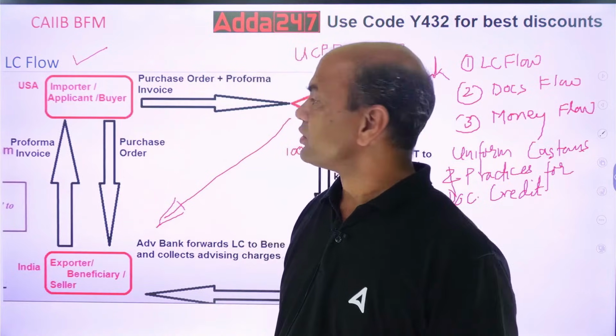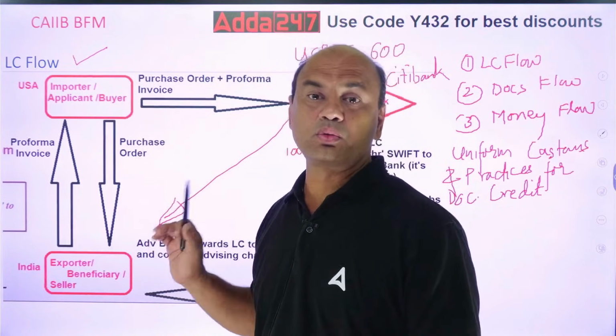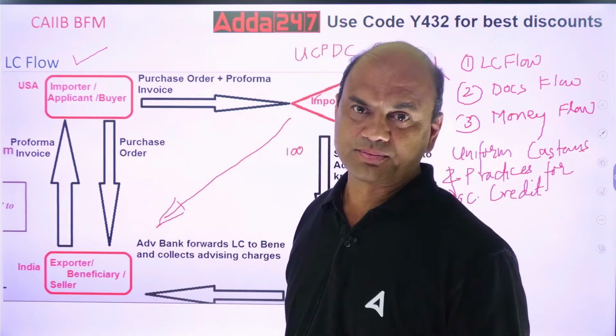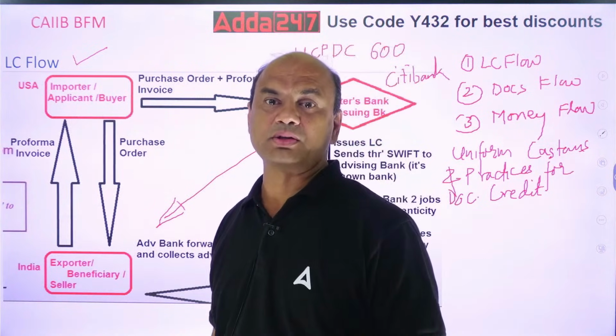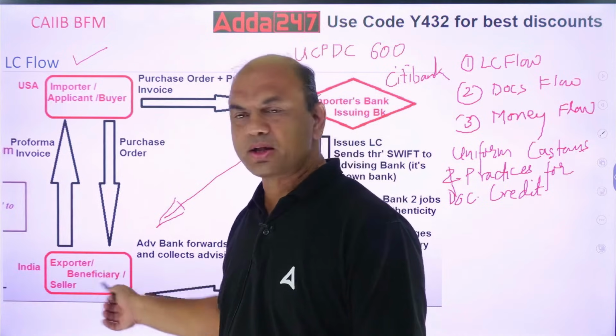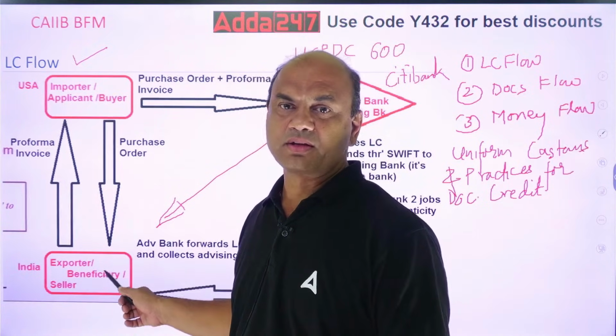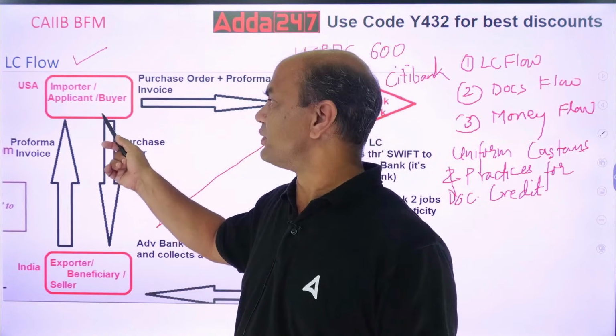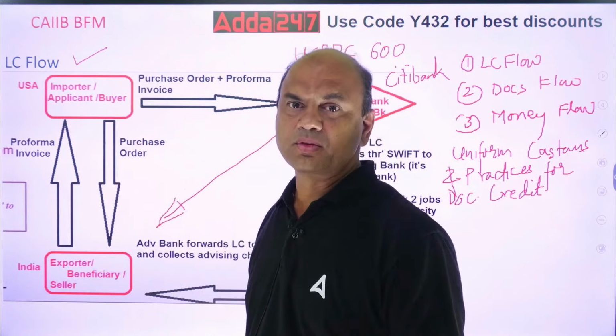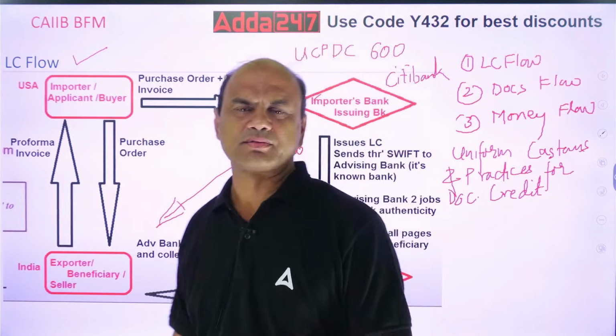They don't know each other, but they want to do business. The Indian person is exporting and the USA person is importing. So how will they deal with each other?